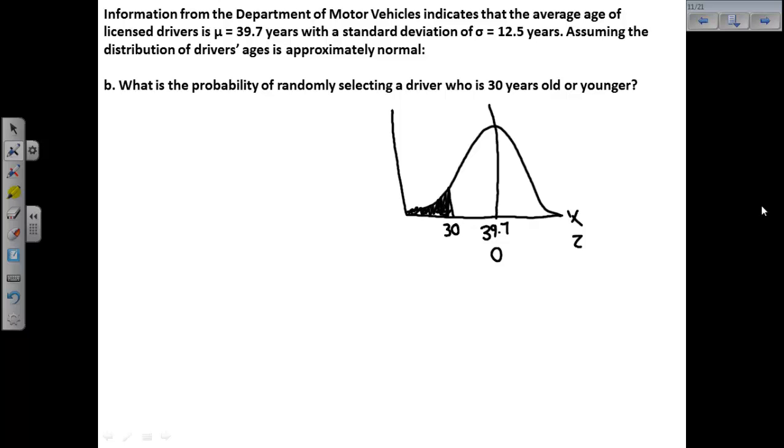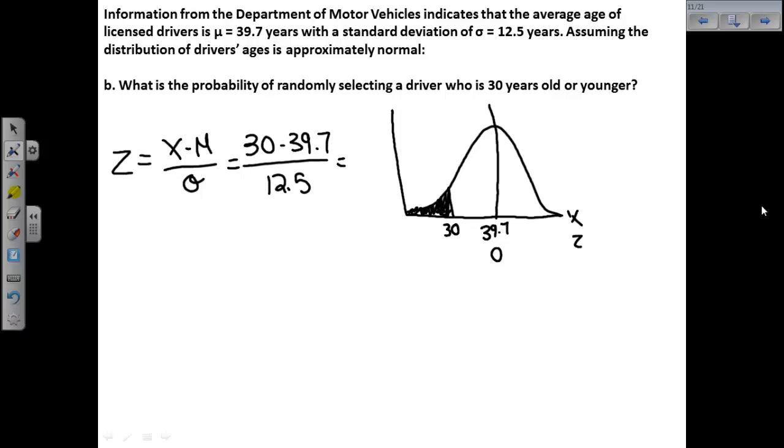So we're not going to find 30, the x value, in the unit normal table, so we have to compute z based on that x value, the mean, and the standard deviation. So z is equal to x minus the mean divided by the standard deviation. So 30 minus 39.7 divided by 12.5. Well, 30 minus 39.7 gives you negative 9.7 divided by 12.5.